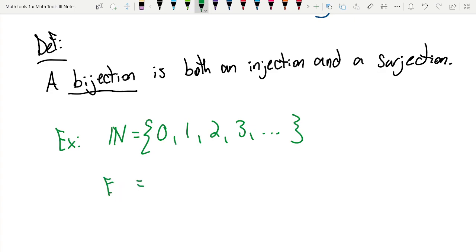But let's just call it the evens. So this would be 0, 2, 4, 6, etc. So I mentioned that we can define a bijection between them by multiplying every element by 2.